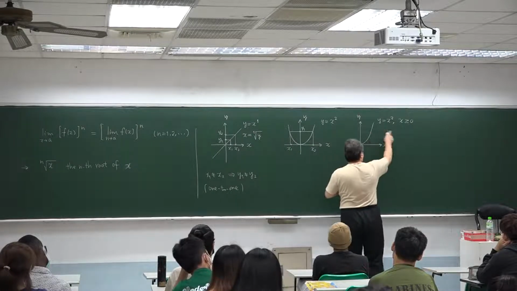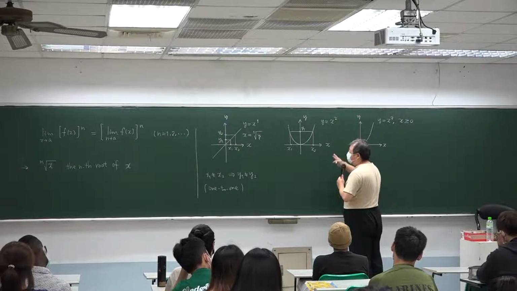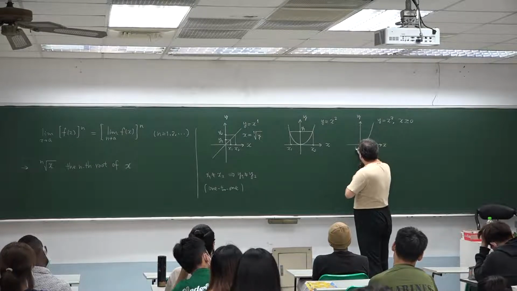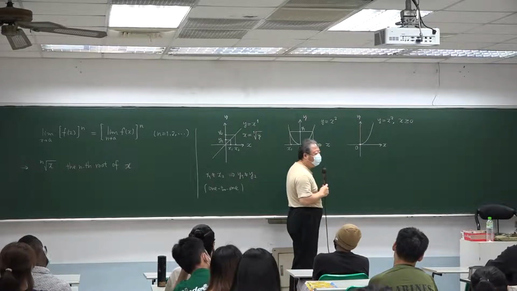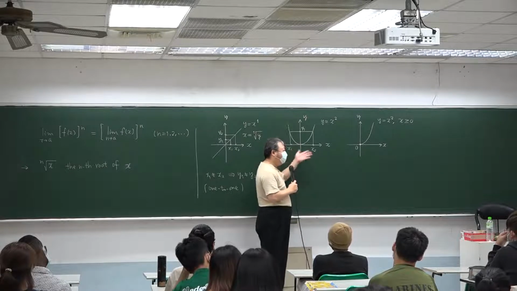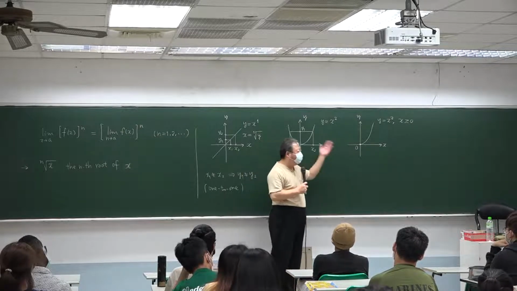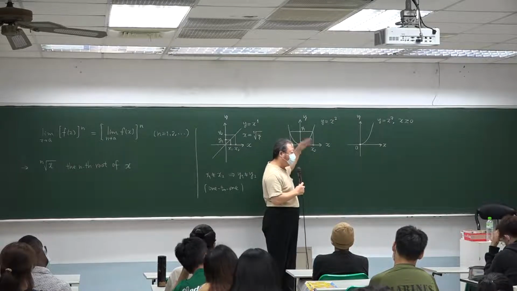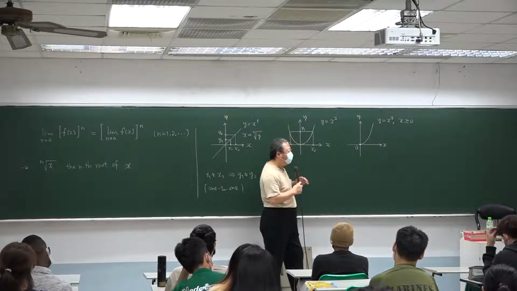Now this function is different from the previous one because their domains are different. The domain of this function only consists of non-negative real numbers. The domain of the other function is the entire real number line. So these two functions are different. That function has an inverse relation, but the inverse relation is not a function.